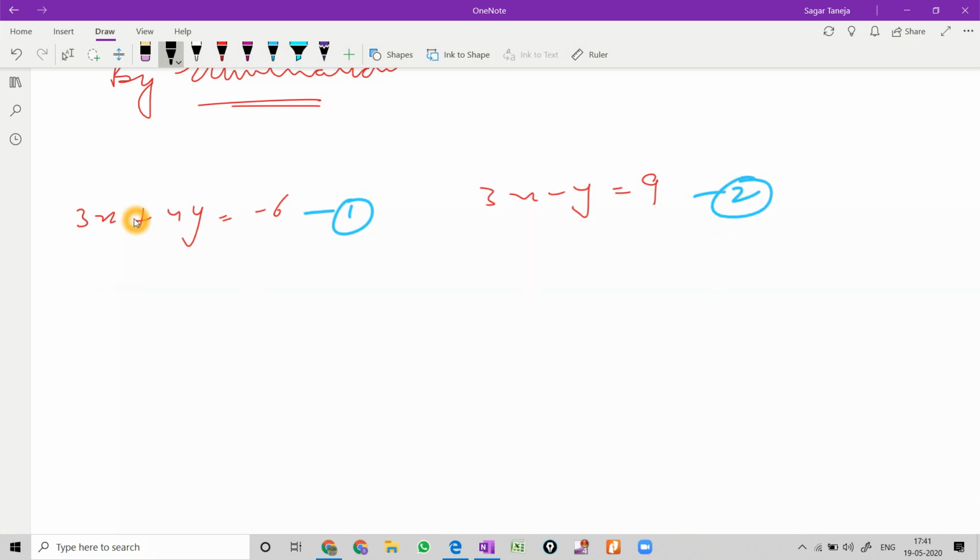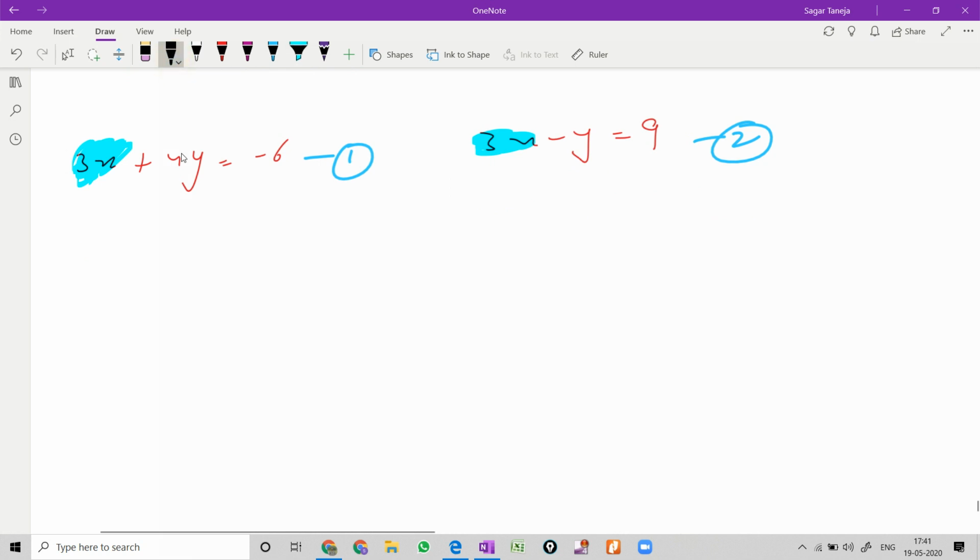This is very easy to solve by elimination because here the coefficient of x is already the same in both equations, it is 3. If the coefficient of any variable is the same, then there is no need to make them same. So no multiplication and nothing, just direct subtraction or addition.